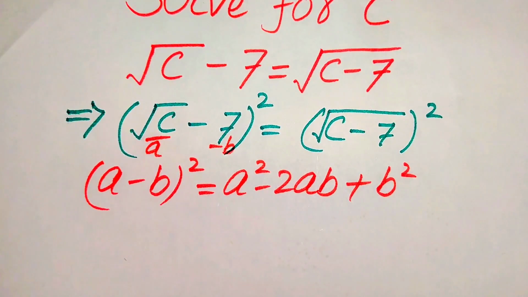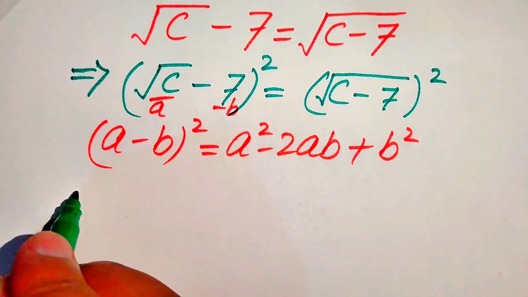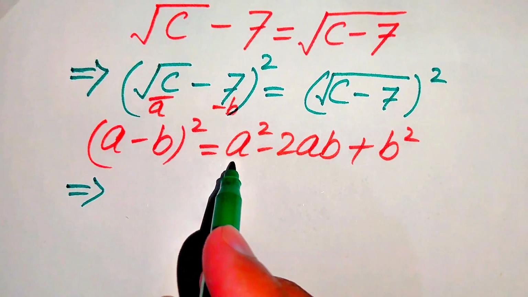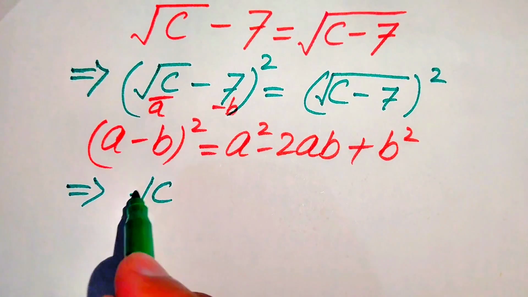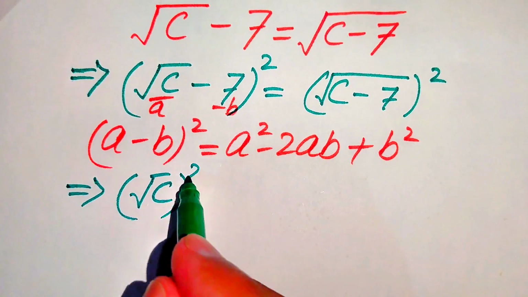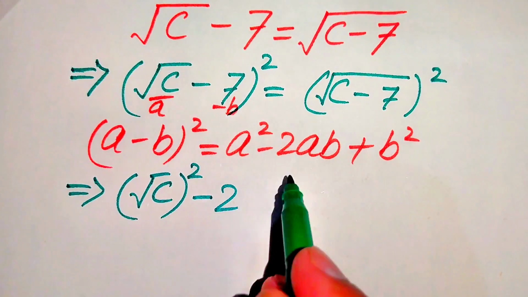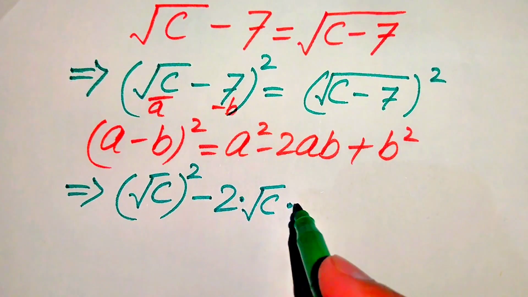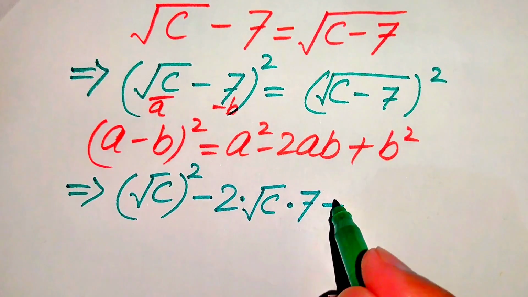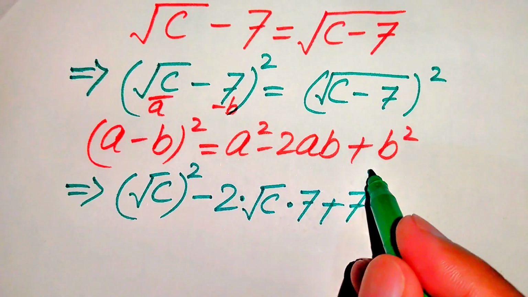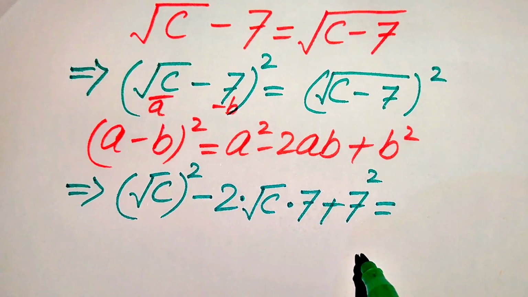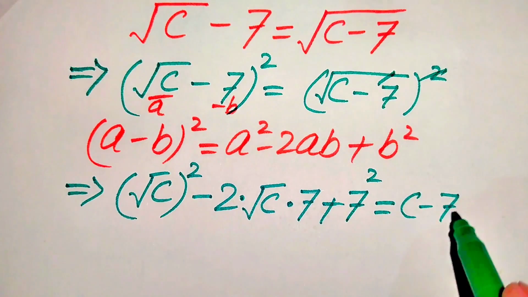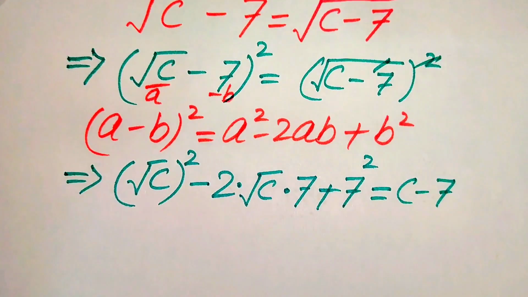According to the formula, we write our left hand side as a squared, and our a is the square root of c, whole squared, minus 2 times ab. Again, a is the square root of c and b is 7, plus b squared, so 7 squared, is equal to, so this 2 and this square root are gone and we get c minus 7.